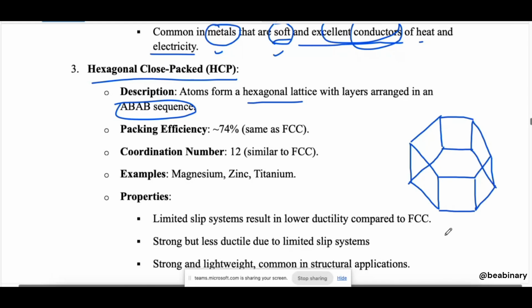Yeah, so this is the kind of hexagonal. Six faces are at the top, and this is the kind of hexagonal structure.